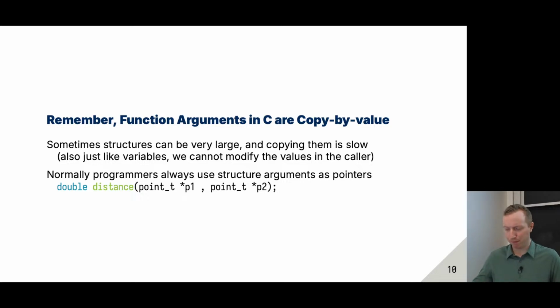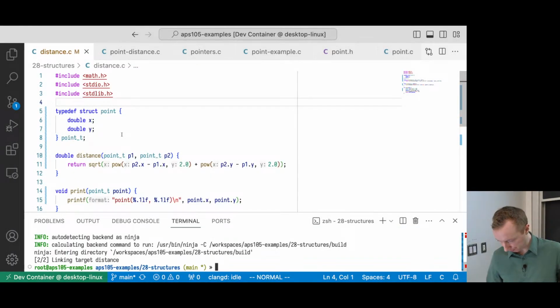For speed reasons and usability reasons, programmers normally just always use structures as pointers. So if I want to write my distance function, I would write a pointer to P1 and then a pointer to P2. So let's see what happens when I do that.